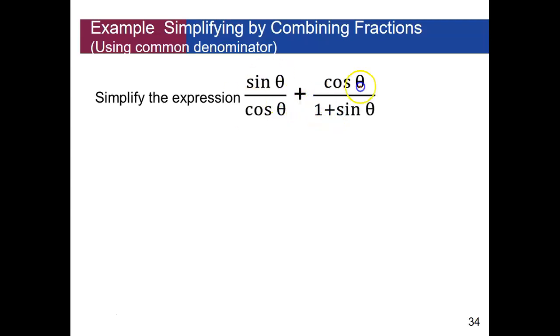So if I'm looking at these two fractions and I want to get a common denominator, then I'm going to need to multiply this one by 1 plus sine, and I'm going to need to multiply this one by cosine. So I'm going to just recopy it here.